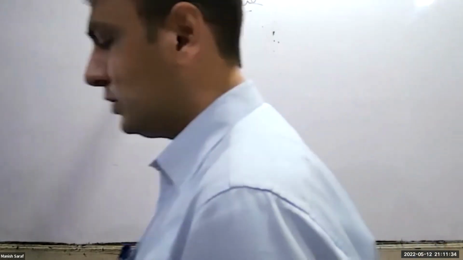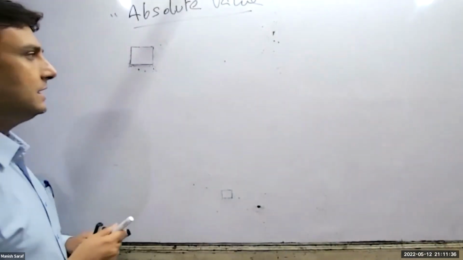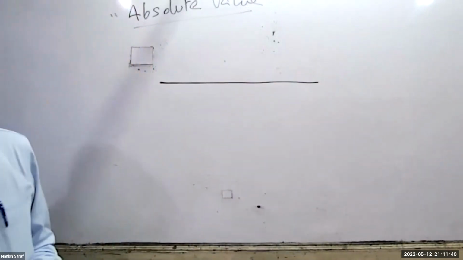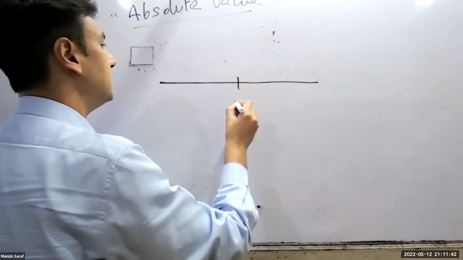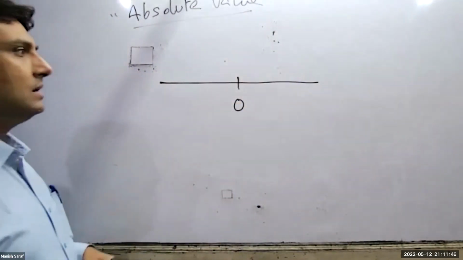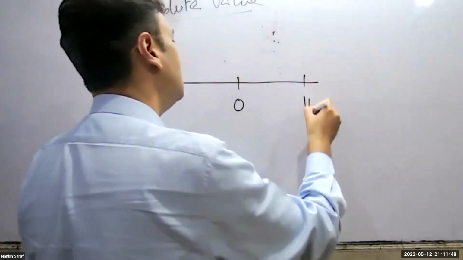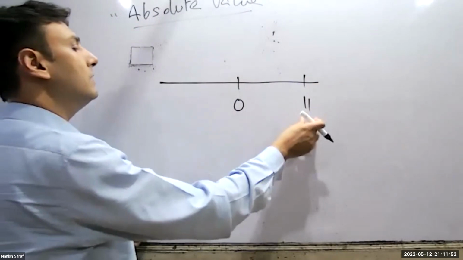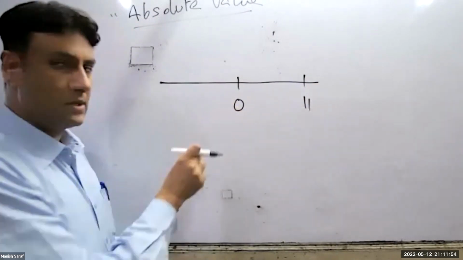Okay, so absolute value basically means, let me define. Let's say I've got a number line, and on the number line somewhere there is 0. When we say absolute value of a given number, let's say the number is 11, I mean the distance of the given number from 0.